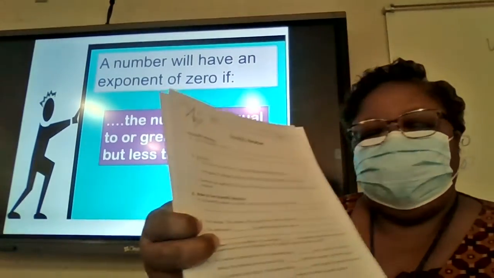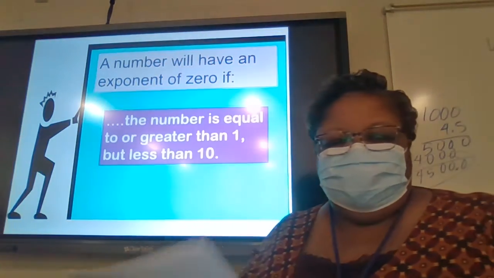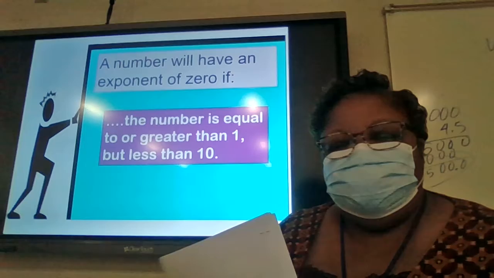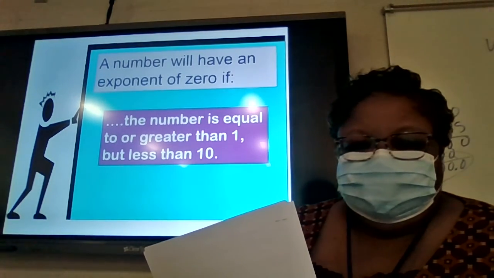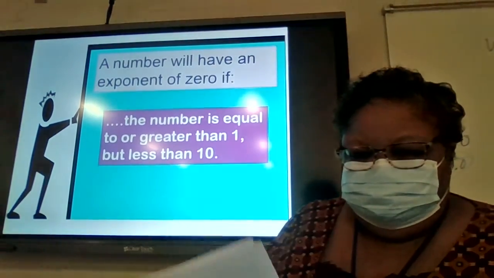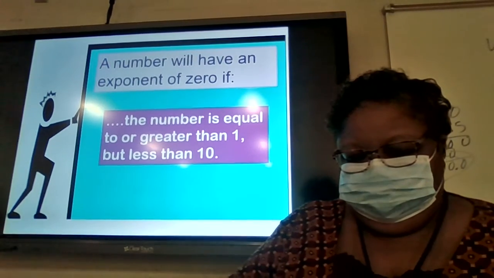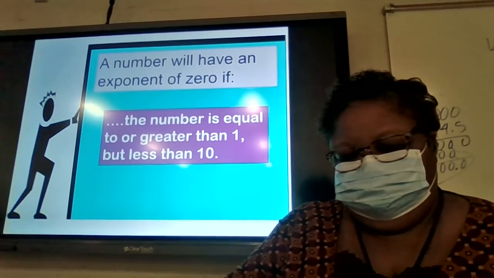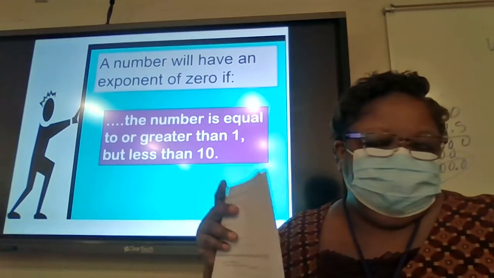A number will have an exponent of 0 if the number is equal to or greater than 1, but less than 10. But as we use these rules, they'll begin to make more sense.